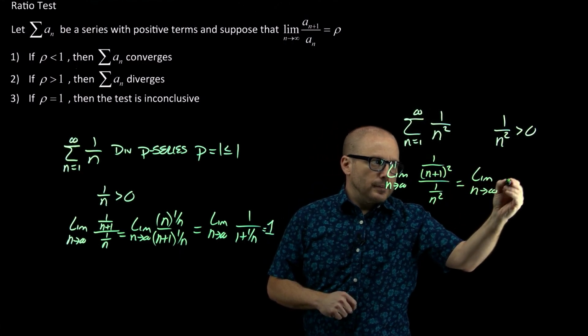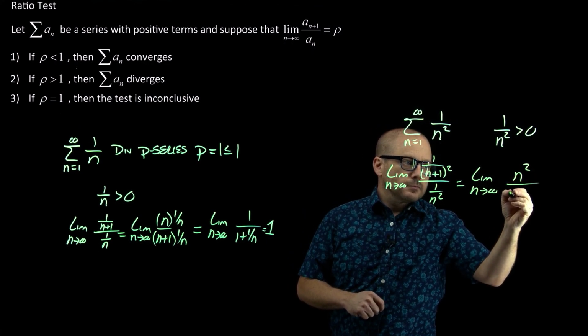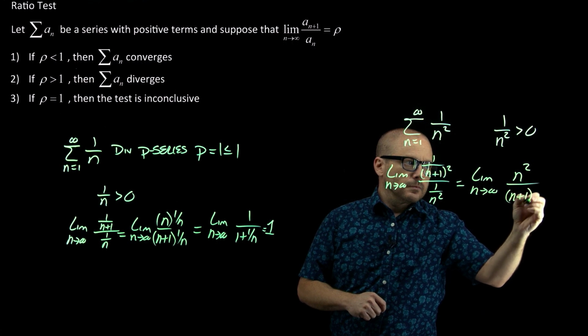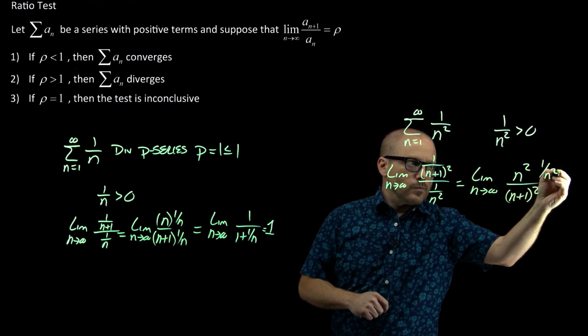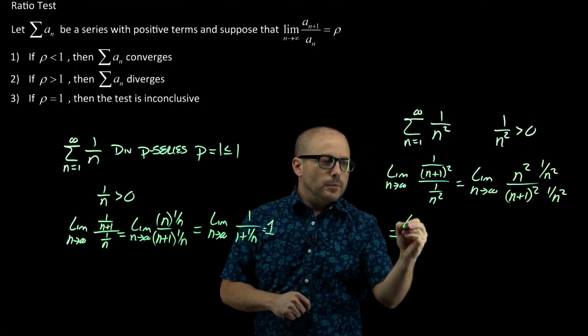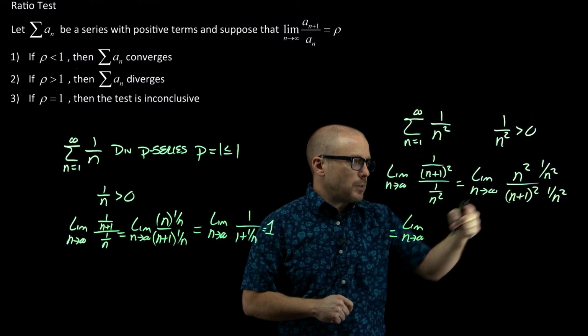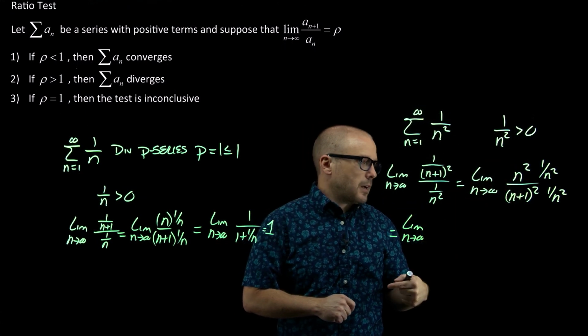So now I'll flip that, make it a proper fraction. Now I'm going to divide top and bottom by n squared, as we always do with ratio tests. Just divide by that highest degree term, and these are squared. It's the highest on both there.